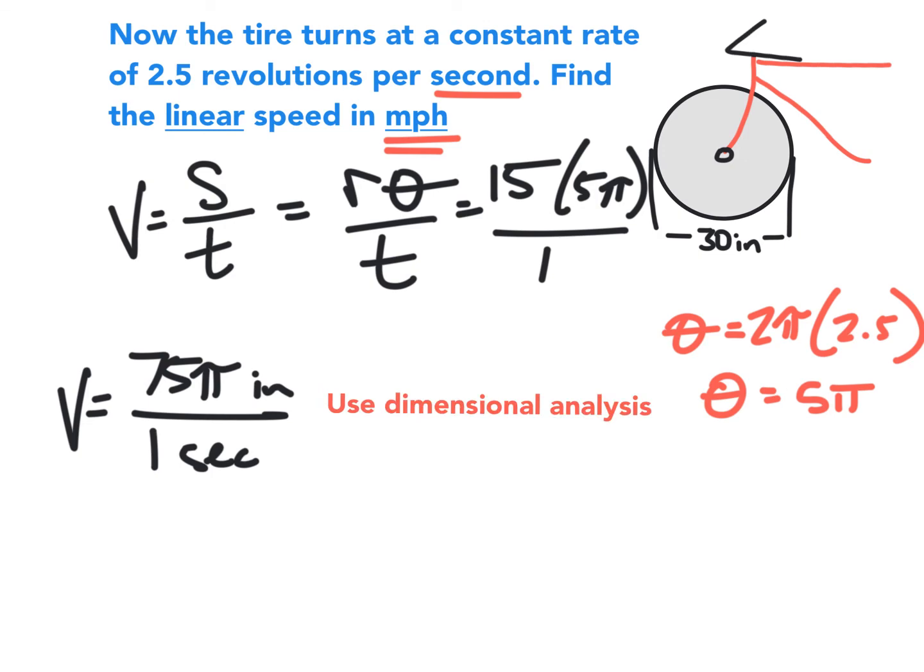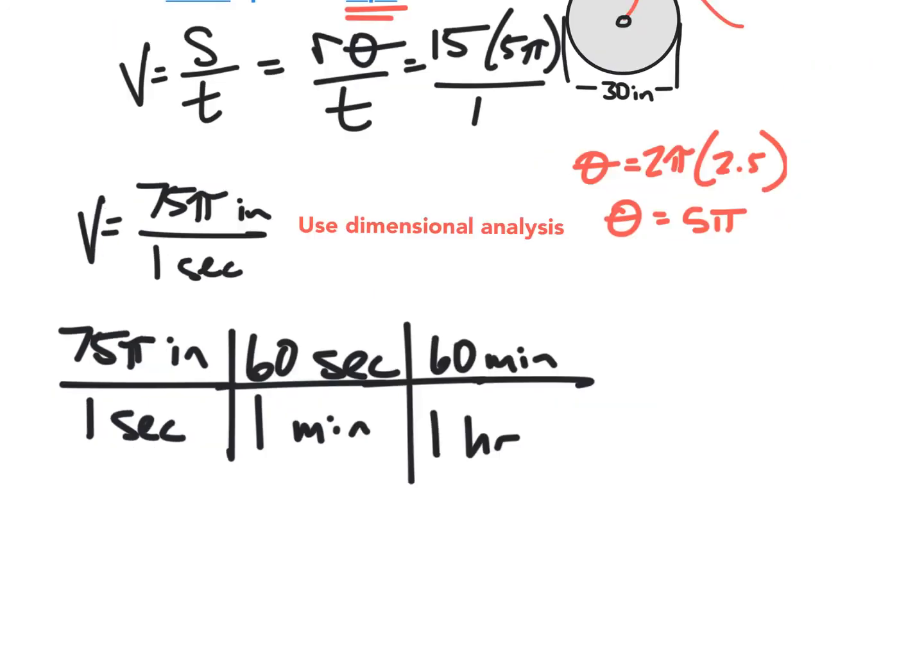To do that, I'm going to have to use dimensional analysis. Now, in this video, I'm not going to show exactly how dimensional analysis works. I'm just going to use it. The first thing I'm going to take care of is changing seconds to hours. You can see here how the units cancel each other. There are 60 seconds in a minute, and then there are 60 minutes in an hour. So I've got my unit down to hours. Now I need to get inches into miles.